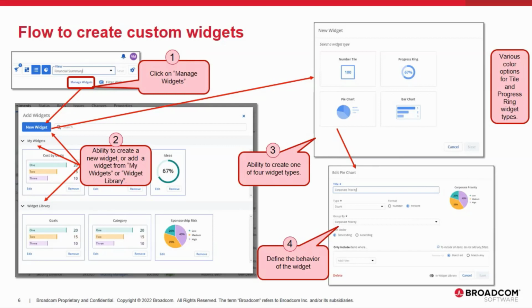In some places, such as in roadmaps, they will see a 5th widget type, which would be the target widget type. Once selecting which widget type the end user wants to create, then the user can define the details for that widget based on specifying the name, the aggregation type, the group by, and any filter criteria for that widget itself.